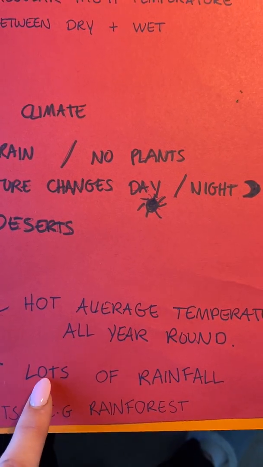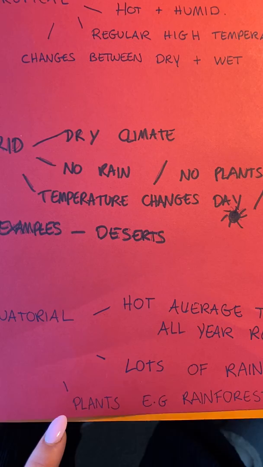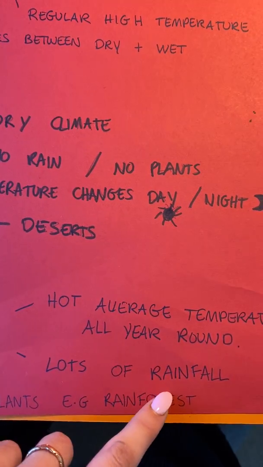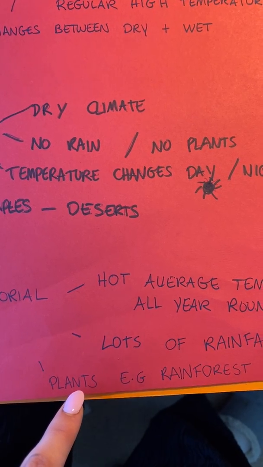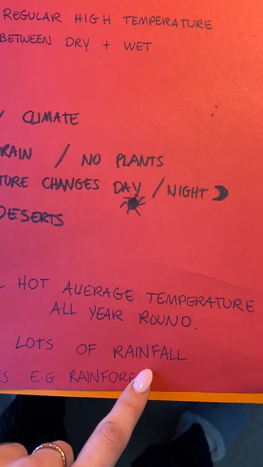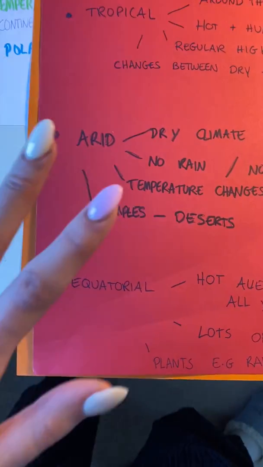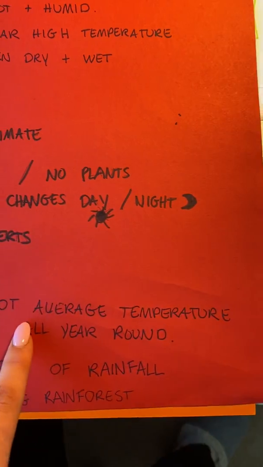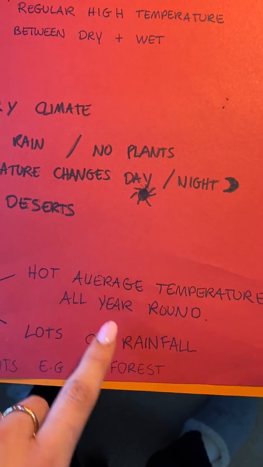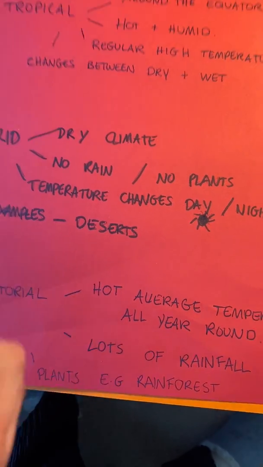There's usually lots and lots of rainfall and precipitation. And examples are rainforests. So because of this, there are loads of plants, loads of rainfall, and it's hot all year round. So that's example number three, equatorial, hot all year round, rainfall, and plants.